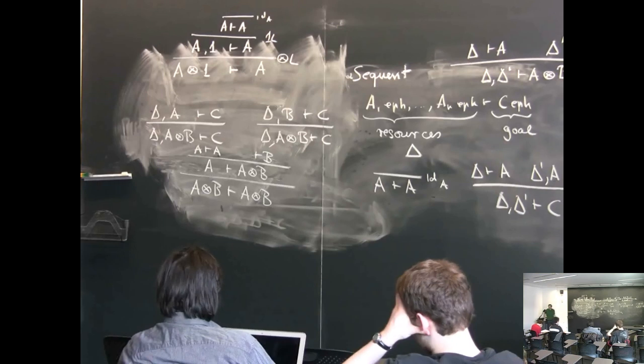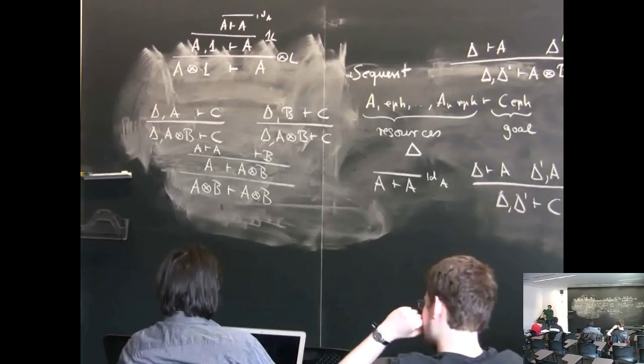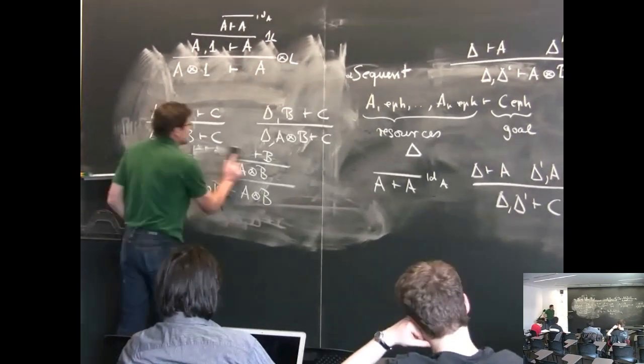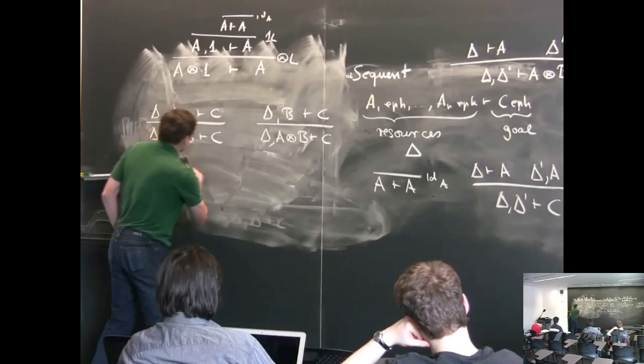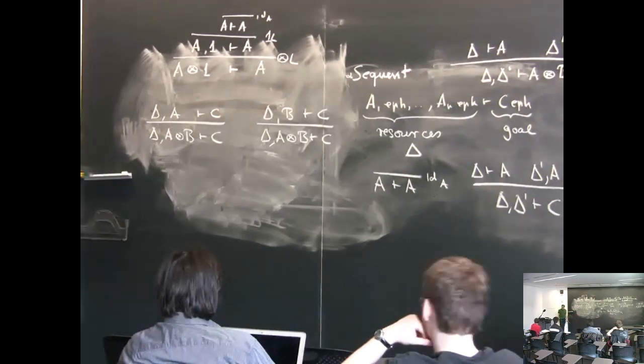So any idea what property we might be able to prove here if we had these two rules instead of the ones that we wrote? We could make the number of resources grow. Okay. So the idea is that we might be able to make resources grow. Okay. So how would you write that down?